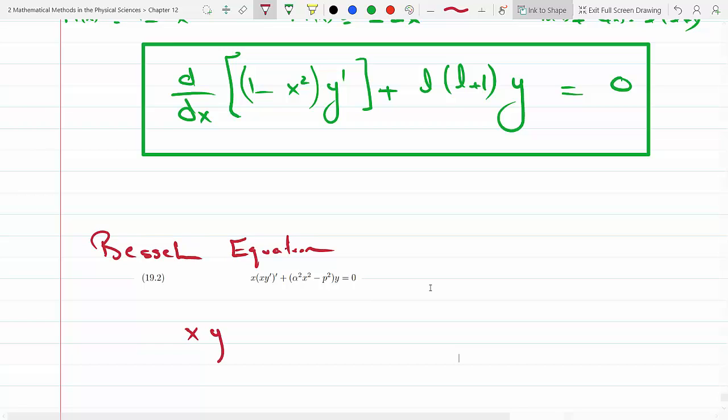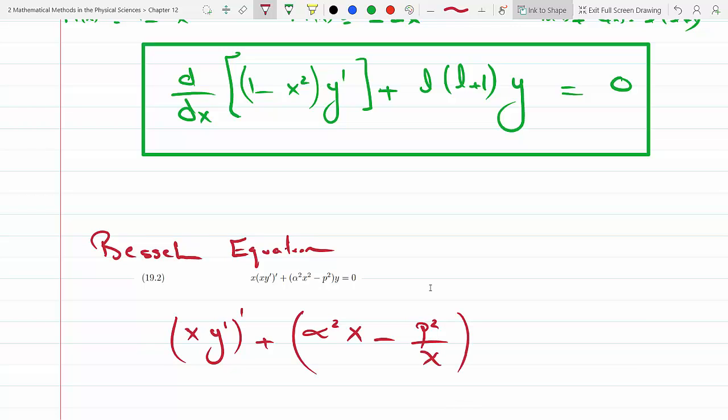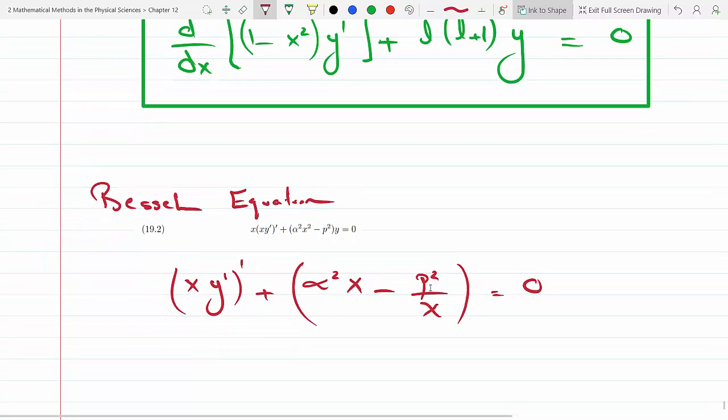I will get x y prime plus alpha squared x here, and then minus p squared over x, times y equals 0. This is just a more useful form of the equation.